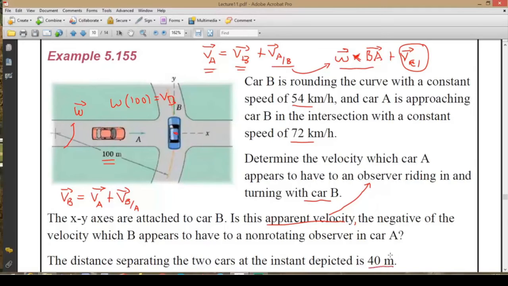So that information is available to us. And this is B to A. Therefore, this is appearing in the negative direction. So this is a negative 40 i. This is the B to A vector.